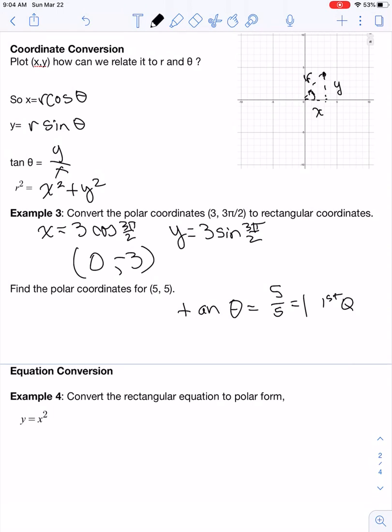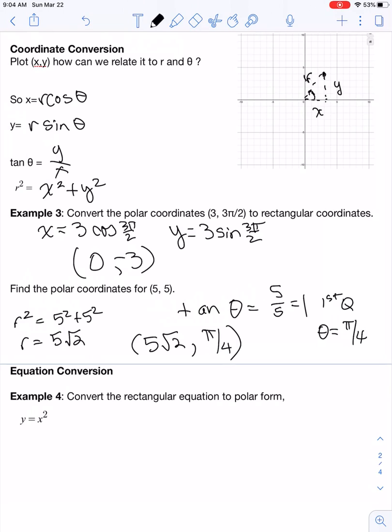So that angle is pi over 4. And then how are we going to get r? Well, r squared equals 5 squared plus 5 squared. So r equals 5 square root of 2, or the square root of 50. So our coordinates are 5 square root of 2, pi over 4.